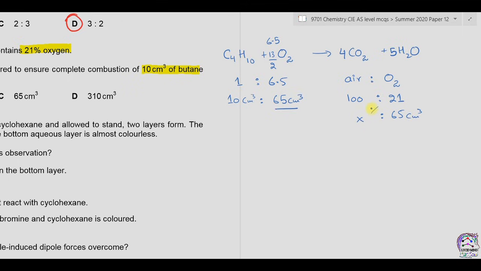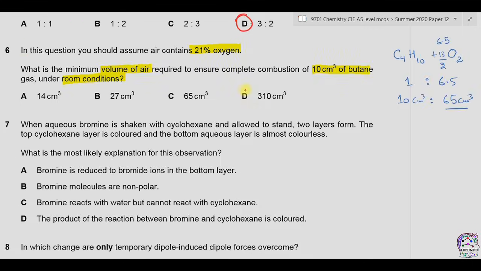We can cross multiply and find the volume of air required for the complete combustion of butane. So X is equal to 100 into 65 divided by 21. So the answer is 309.5 cm3 of air. So therefore the option is D.